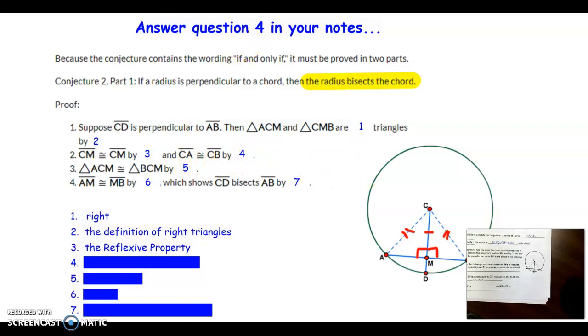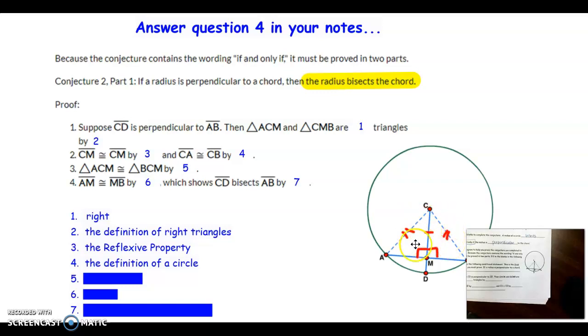Well, CA and CB are both what parts of the circle? They start at the center and go to a point on the circle. So those are called radii. And remember, all the radii in a circle will be congruent to each other. And that is just by the definition of a circle. A circle is the set of all points that are a given distance from the center. And that given distance is the radius.